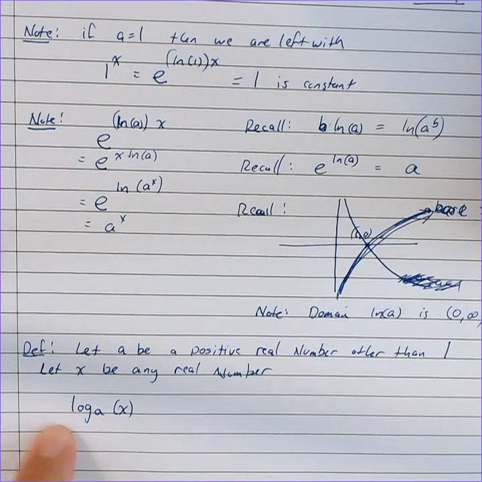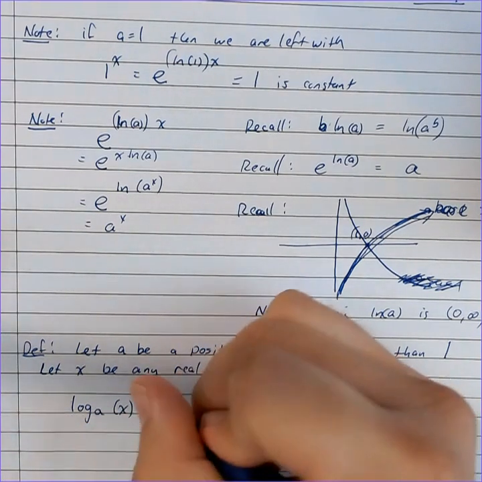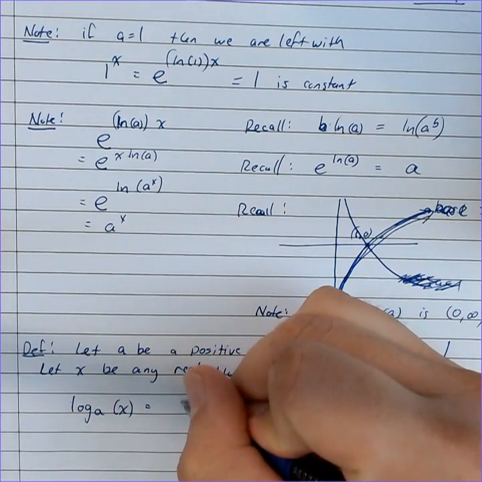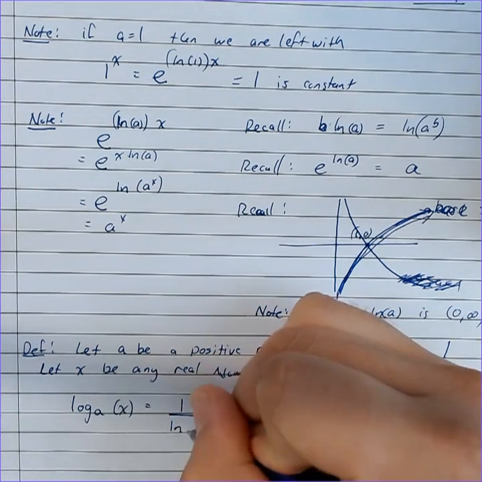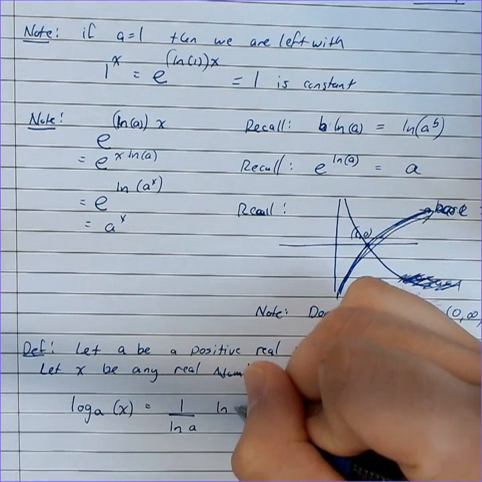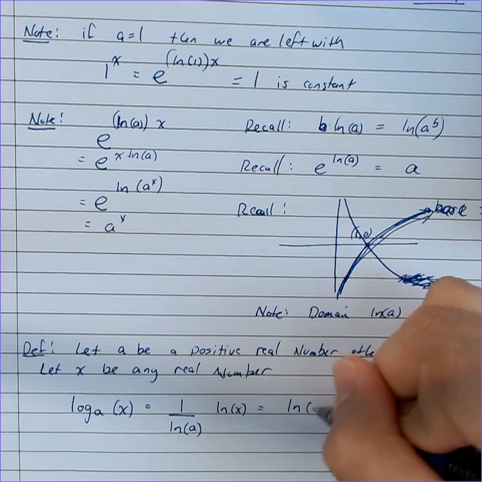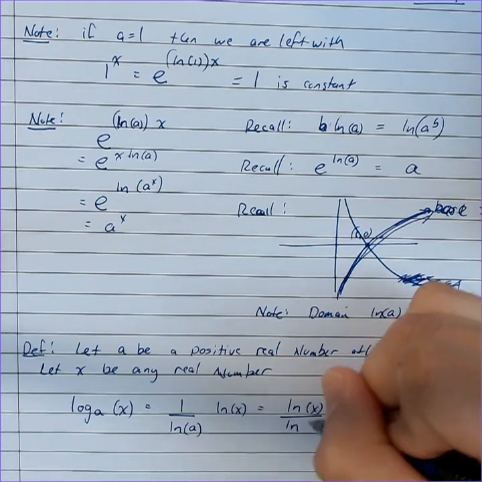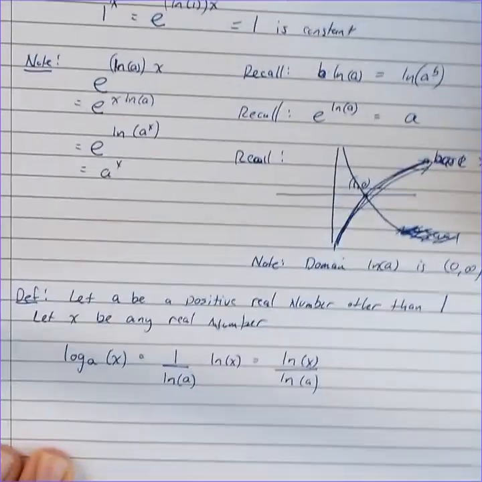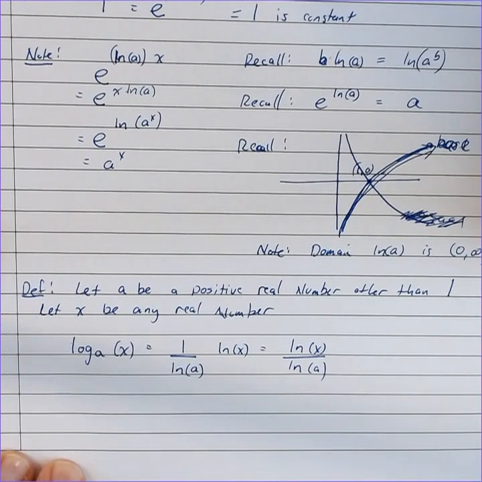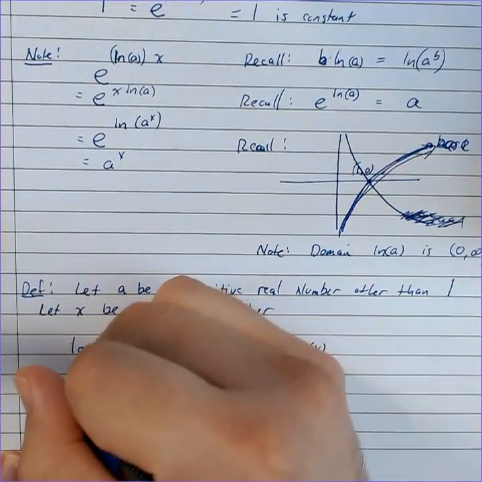This is logarithm, usually abbreviated log. Log base a of x is defined as 1 over the natural log of a times the natural log of x. Or sometimes people prefer to write it as the natural log of x over the natural log of a. Just like that. So this defines for us the logarithmic function of base a.